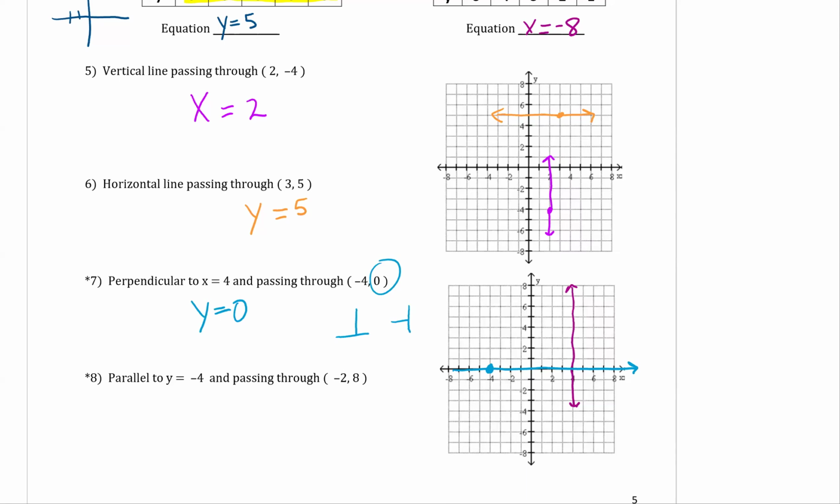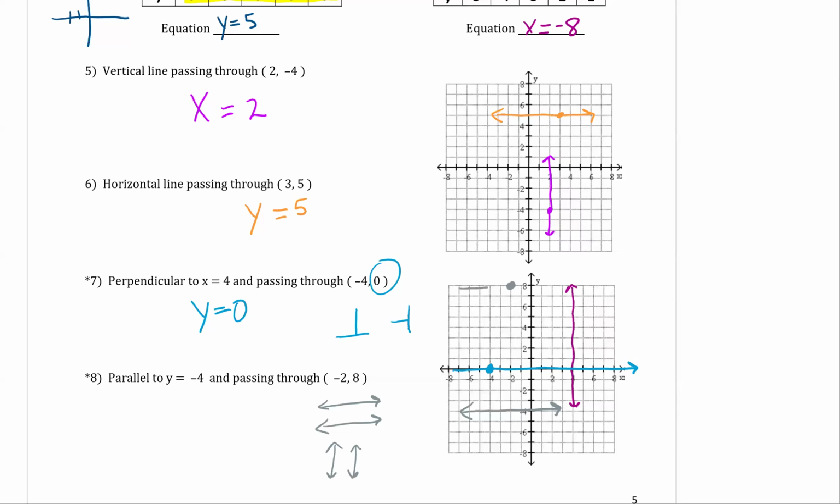Number 8, parallel to y equals -4. So here's y equals -4. And passing through the point -2, 8. Well, parallel lines are like railroad tracks. So if you have a horizontal line, the parallel line will be horizontal. If you have a vertical line, then another vertical line will be parallel to it.